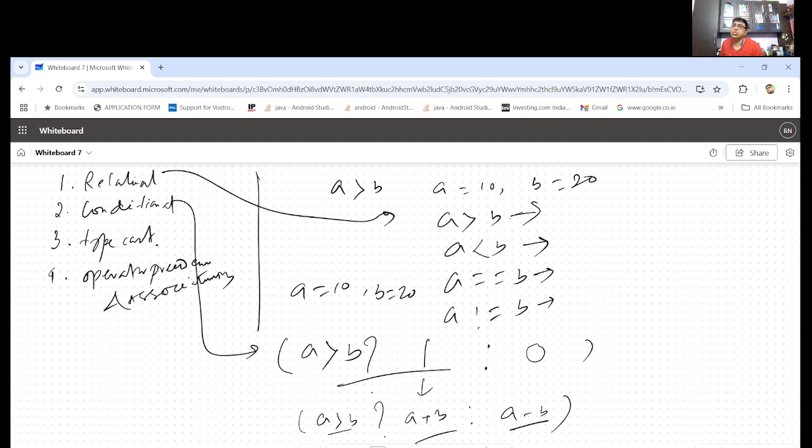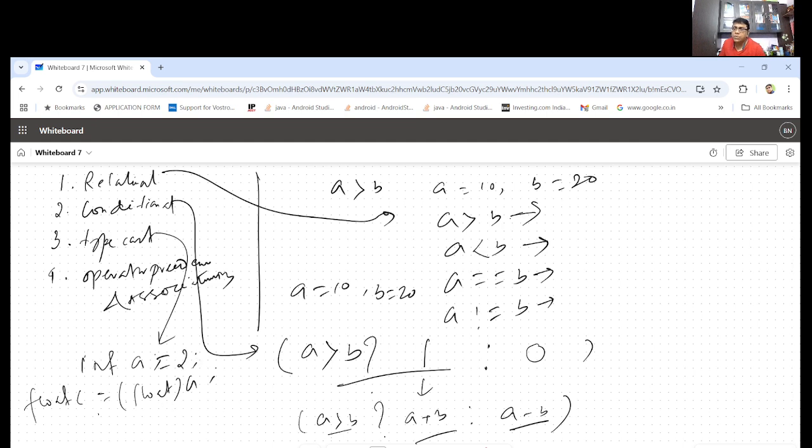Another one, typecast operator. This is also important. Typecasting, that you know, means explicit typecasting and implicit typecasting. Sometimes if you need to convert one data type to another data type, then you need to cast. That means if you declare int a, and you want to convert it into float, where this is float c, here you can convert it, float a, right?